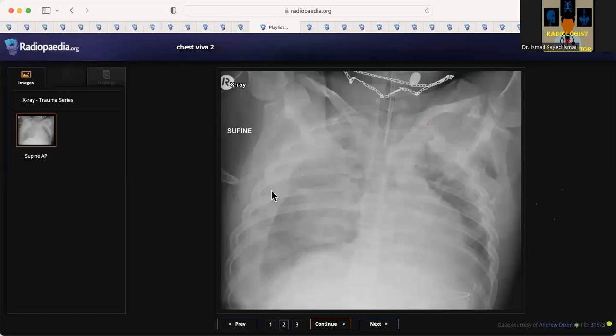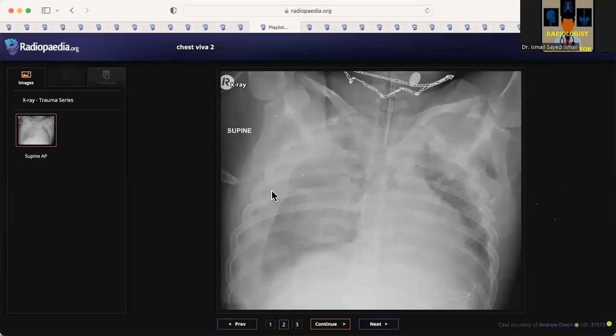So this is a frontal chest radiograph of an adult patient who has been subject to a road traffic accident. I can see there is a dense collection within the right pleural cavity, outlining the lung, which could be hemithorax.